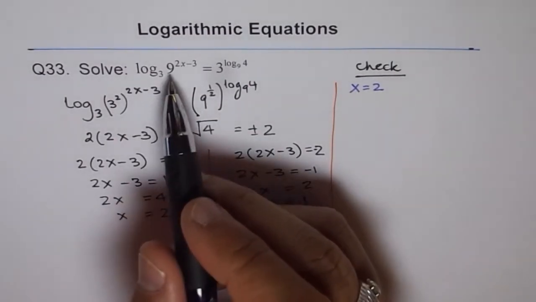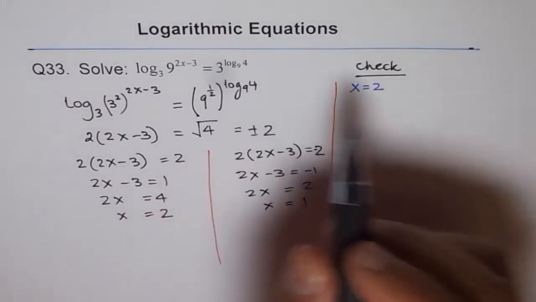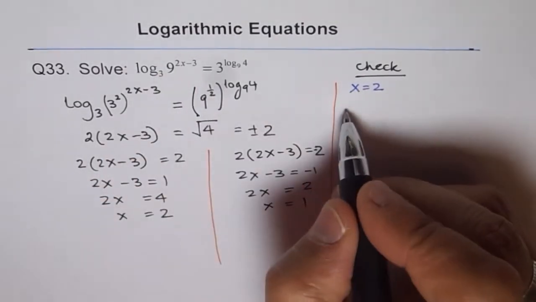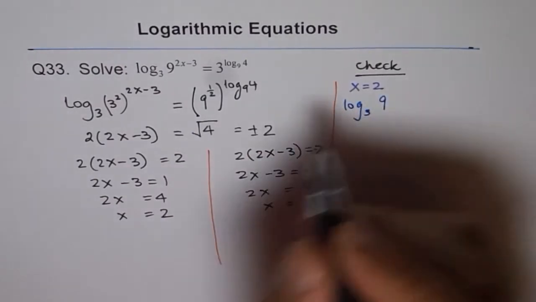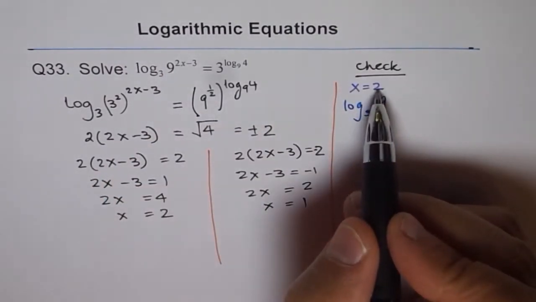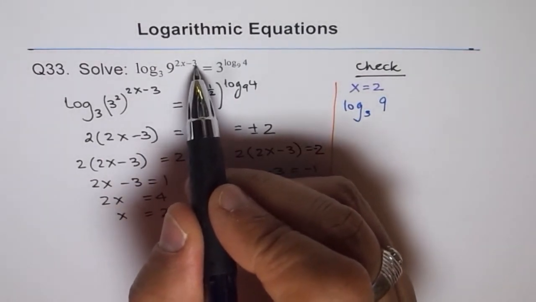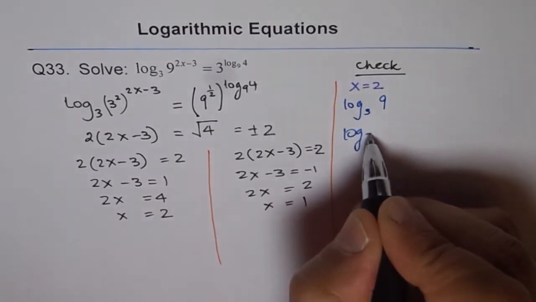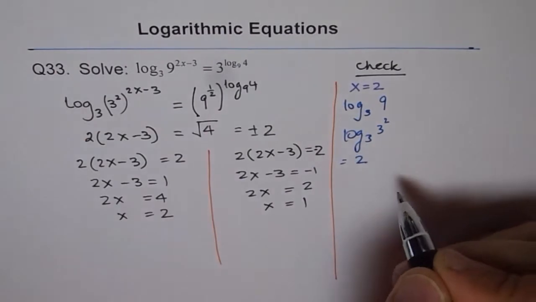So we have to get the left side as the square root of 4, because that is the right side, right? So we get log base 3 of 9 to the power of, if I write 2 here, 2 times 2 is 4, 4 minus 3 is 1, so just 9. So that gives me log base 3 of 3 squared, which equals 2.